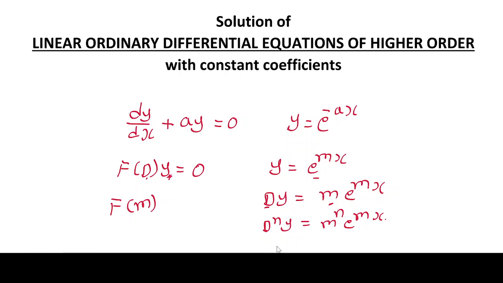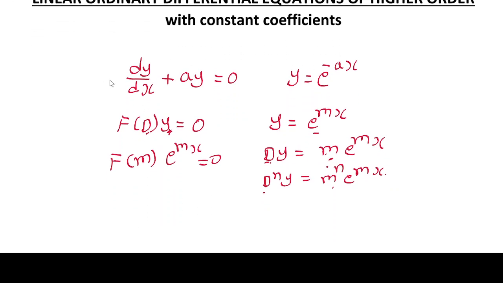D square becomes m square, and D power n becomes m power n. So every D term will be replaced by m, into y, which is e power mx, is equal to 0. Now if we observe this equation, we have an exponential function which cannot be 0. The only possibility is f of m is equal to 0. We call this equation f of m is equal to 0 the auxiliary equation of the given differential equation.